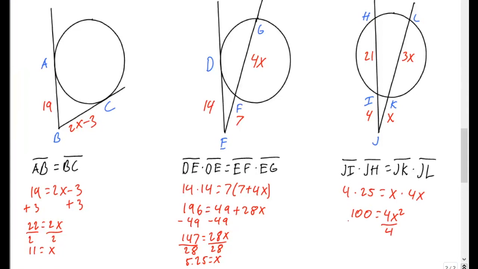Divide both sides by 4. x squared is equal to 25. Take the square root of both sides, and that will give us x equals 5. And it's a length, so we can only have the positive version.